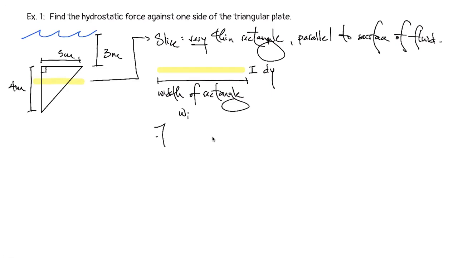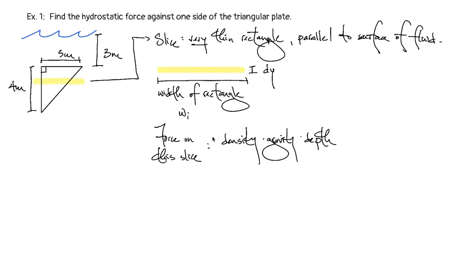We can describe the force on this slice as density times gravity times the depth of that slice, because remember, the slices at the top have less force than the slices at the bottom, and then times the area of the slice, okay?